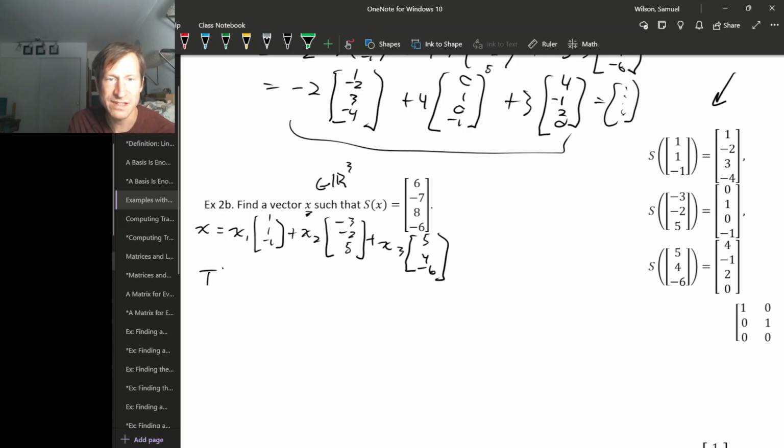Okay, hit both sides of this with our linear transformation S. And on the right-hand side, use the characteristic property of linear transformations to move the linear transformation inside.